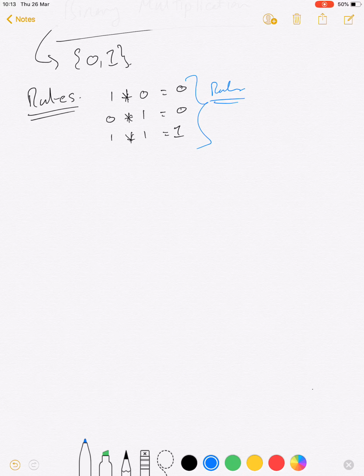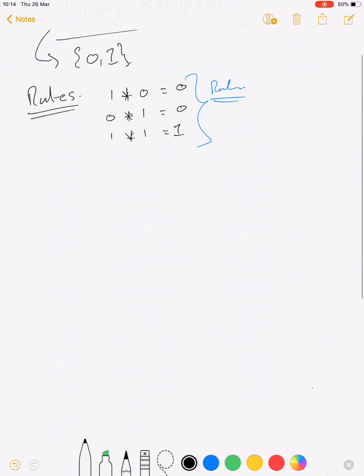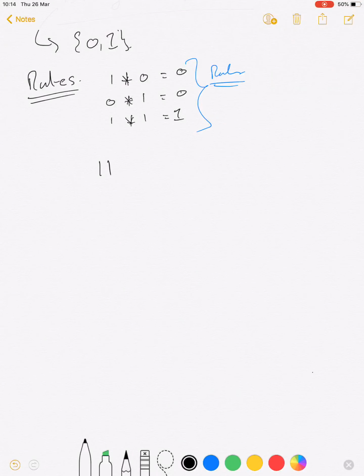So if we were to take a very simple example, as a demonstration, we take the number 11 multiplied by 5. In base 10, the answer that we're going to be trying to get to is 55.